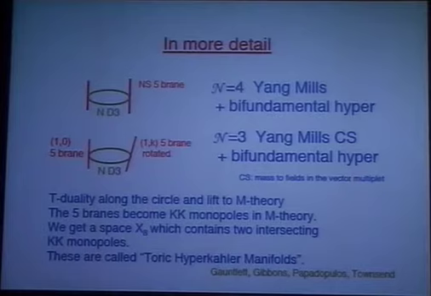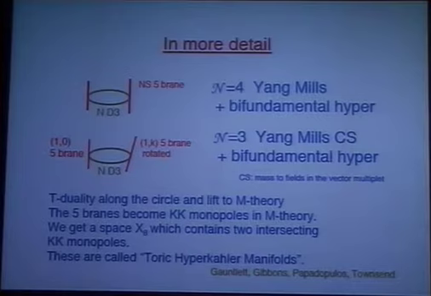So this theory has a Yang-Mills vector multiplet, which will contain 4 states. One will be the gauge field, which gets a mass due to the Chern Simons term, and the rotation gives a mass to all the other fields in the Yang-Mills multiplet. So at this level, we have an N equal to 3 Yang-Mills Chern Simons theory, and all the fields in the Yang-Mills multiplet are massive.